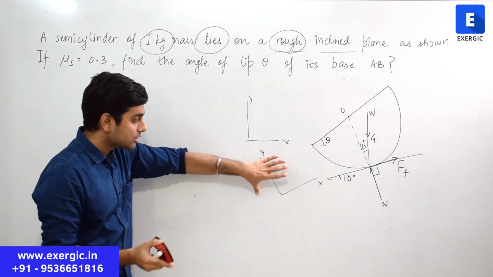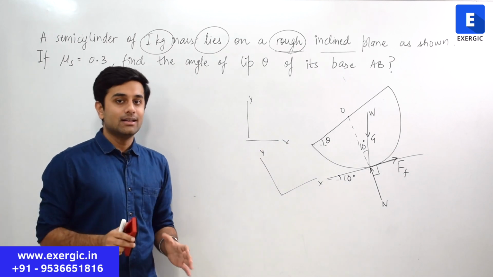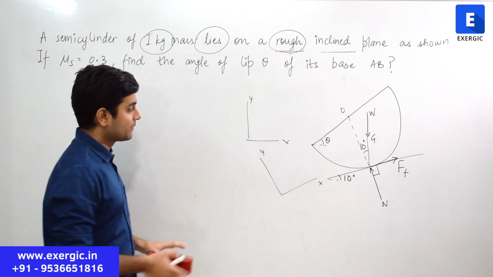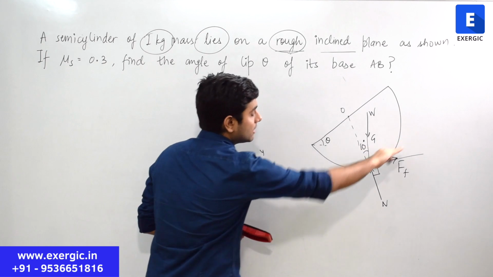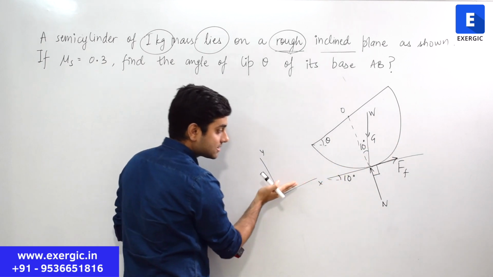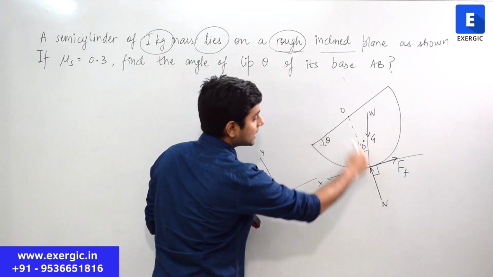Again, this funda I have already told you in a lot of places, that why we use it and where we use it. So for this case we are going to consider the x-axis along the inclined plane, y-axis normal to the inclined plane.